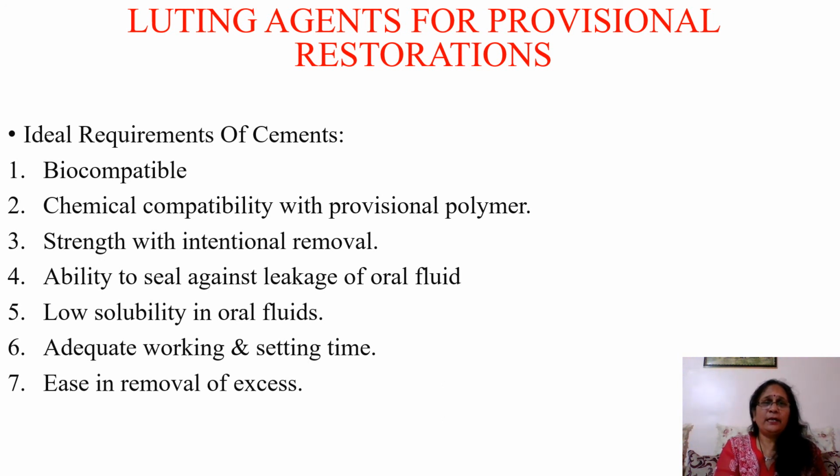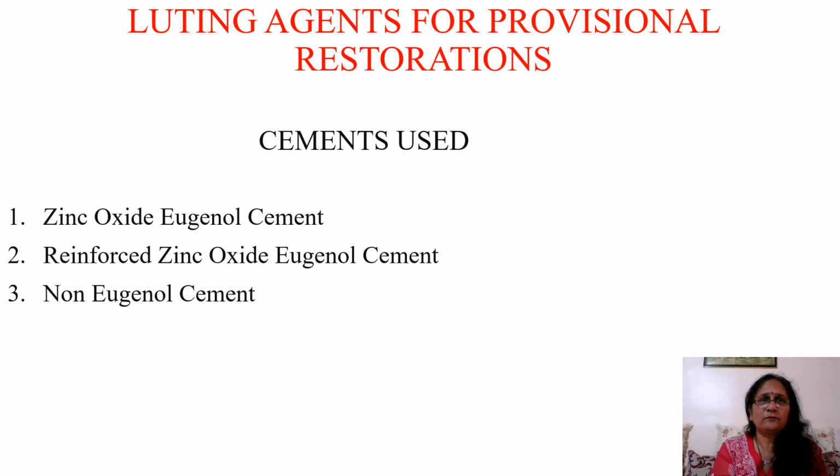They should have sufficient working and setting time. We should be able to remove the excess easily. Which are the temporary cements used for cementation of provisional restorations? Zinc oxide eugenol cement, reinforced zinc oxide eugenol cement, and non-eugenol cement.